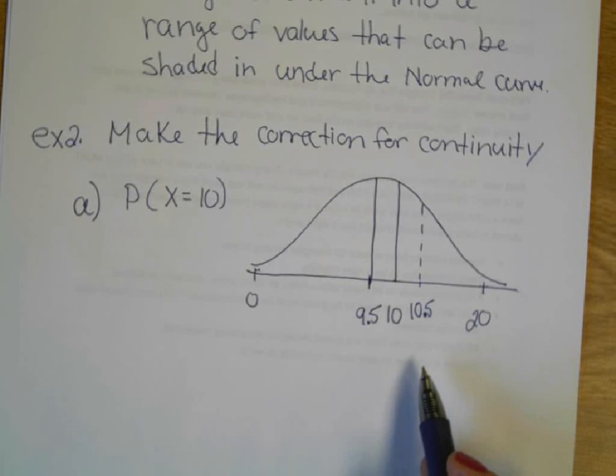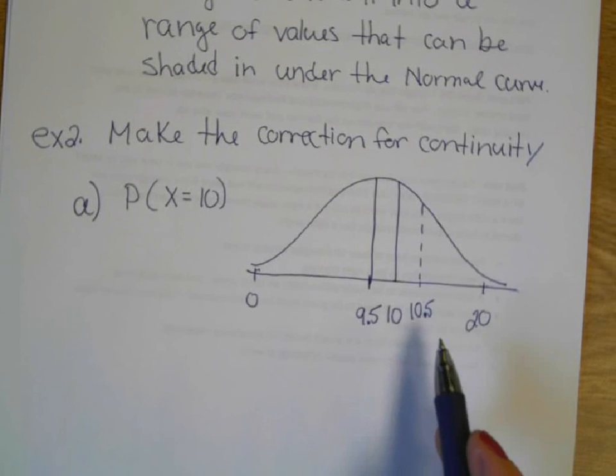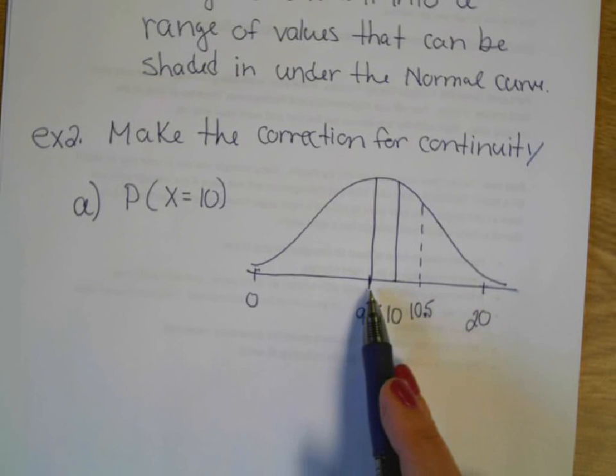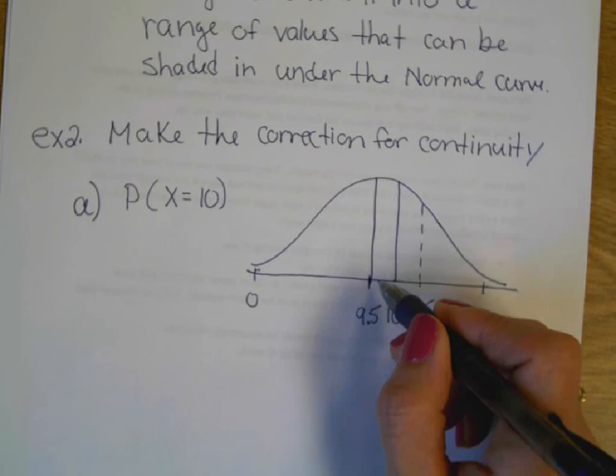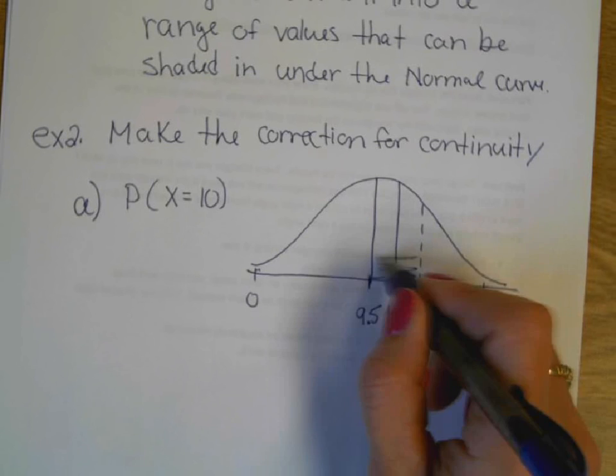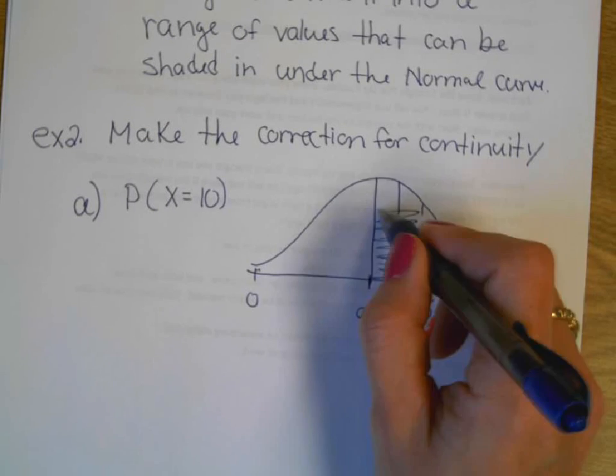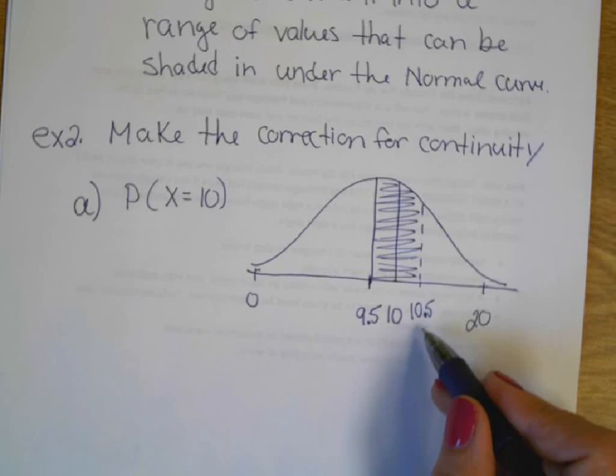See how tricky I was there? Dashed in the line there, solid the line there. Not that it matters, because we would be turning both 9.5 and 10.5 into z-scores. We would still be equaling 10.5 as our z-score number.